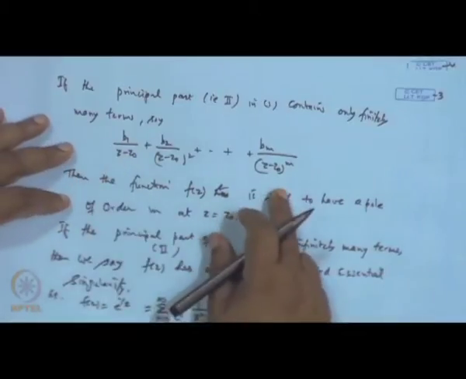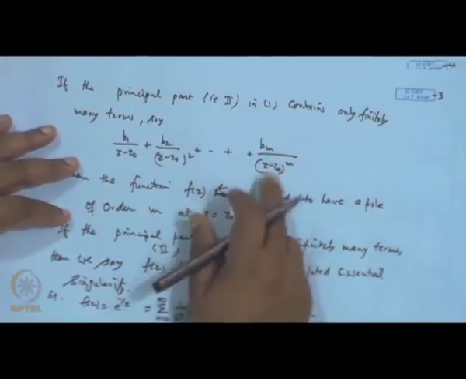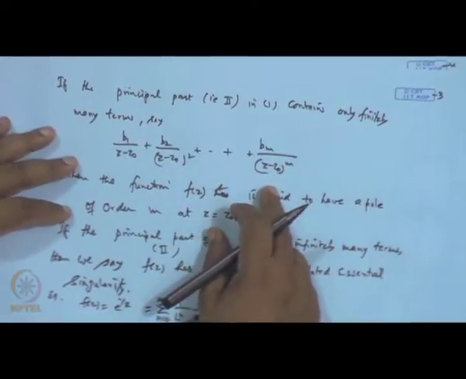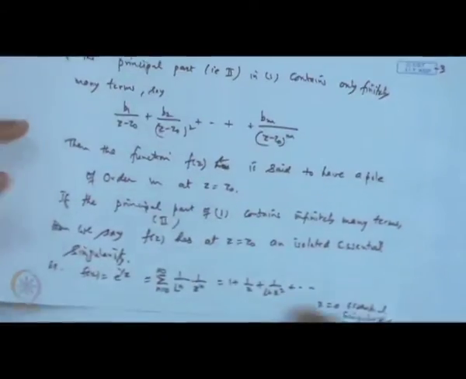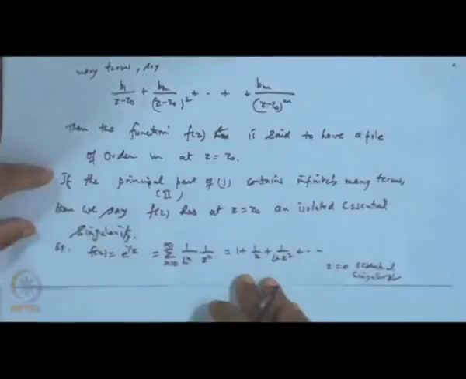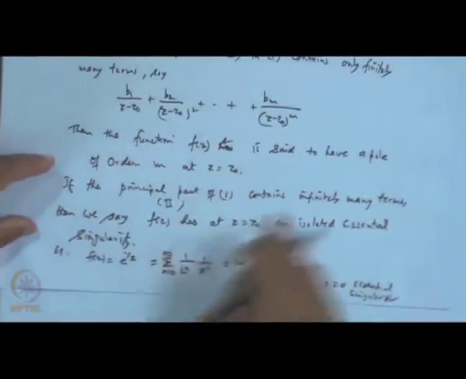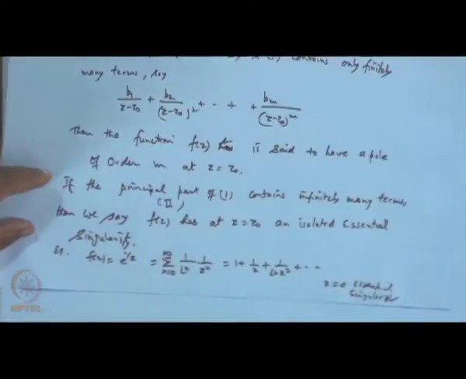But someone may think like this: in a pole also the terms, though finite, have z minus z naught lying in the denominator. So when z approaches z naught, it goes to infinity. The same case is here also, all the terms lie in the denominator. So one can think that both are tending to infinity when z is tending to z naught.